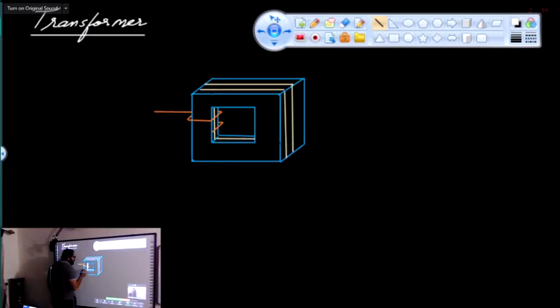It's the number of coils on the side where we have supplied the current to the number of coils on the side where current is induced.